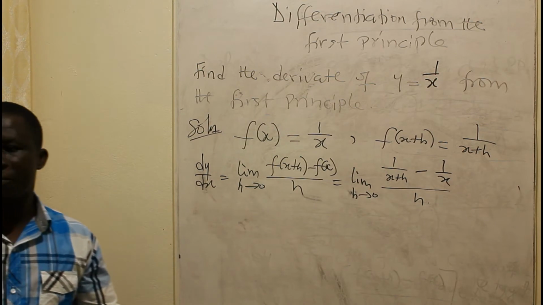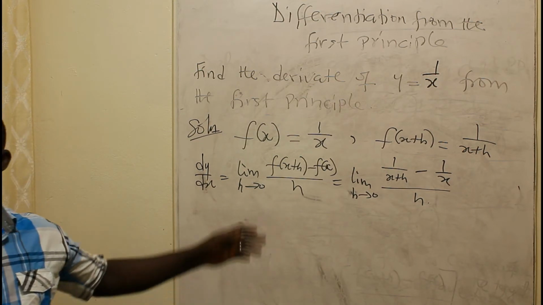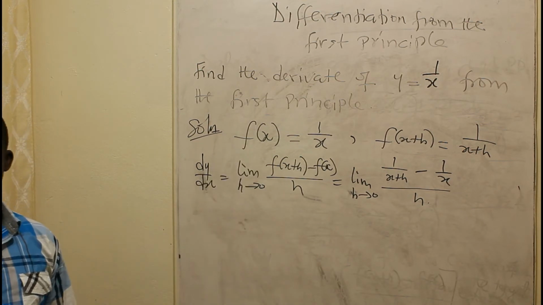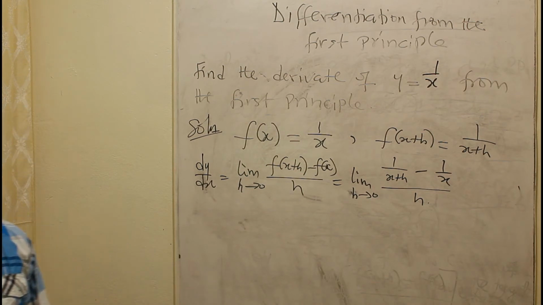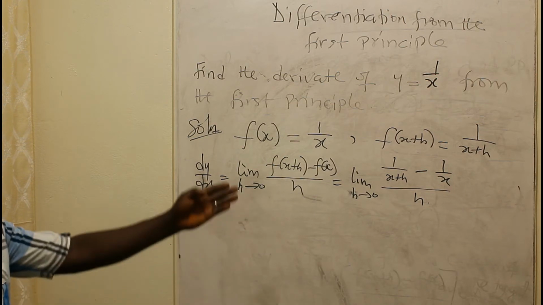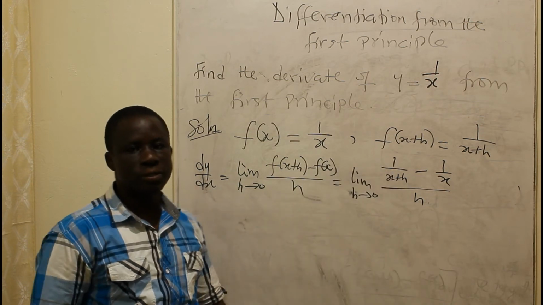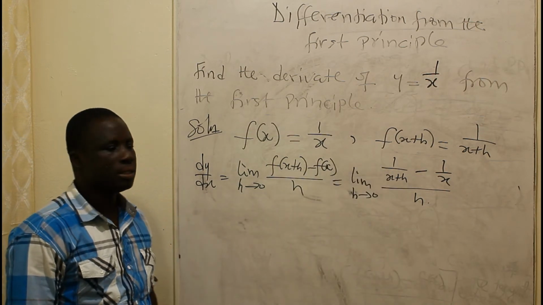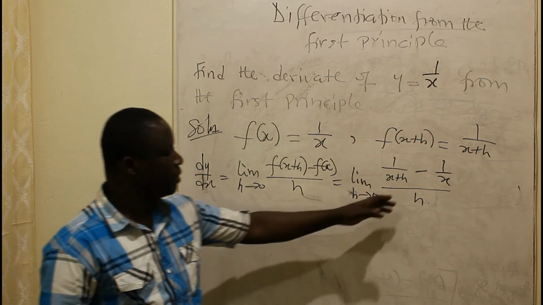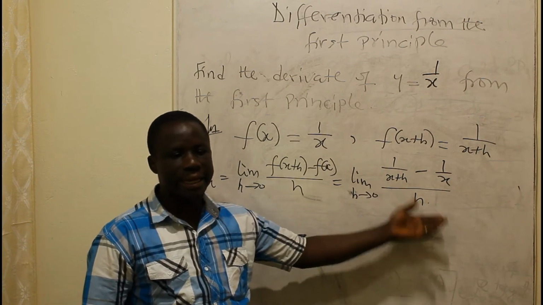So as h approaches 0, what you are seeing there will be undefined. And then we need to simplify. Check the numerator. The numerator alone is a fraction, which you have to find the LCM of, and it is also being divided by h.